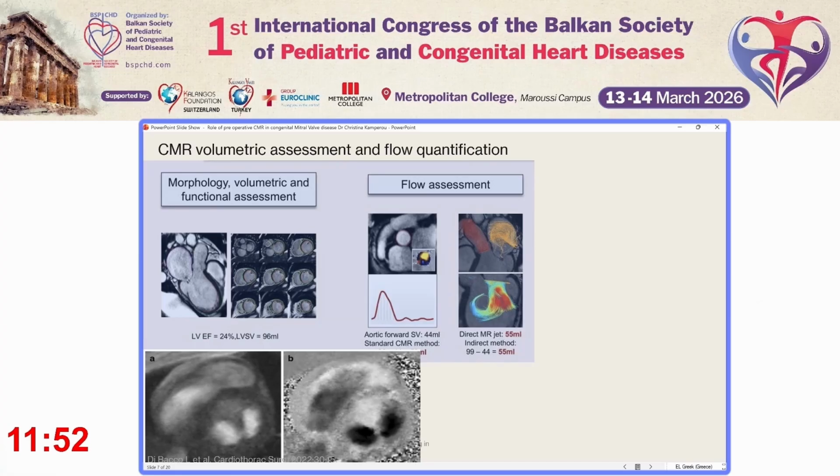Therefore, in complex congenital anatomy, accurate MR quantification usually requires a multiparametric CMR approach.